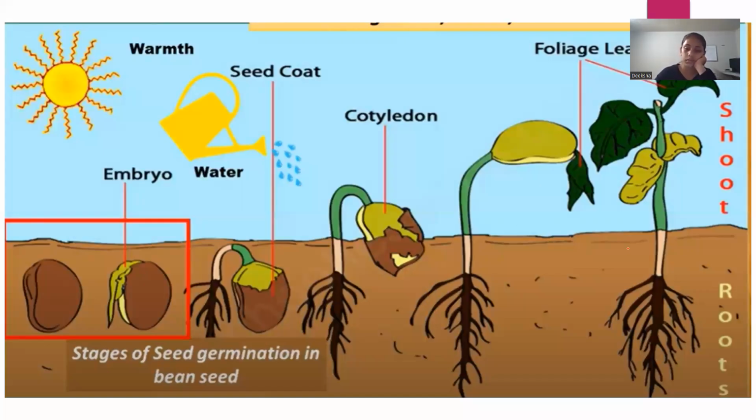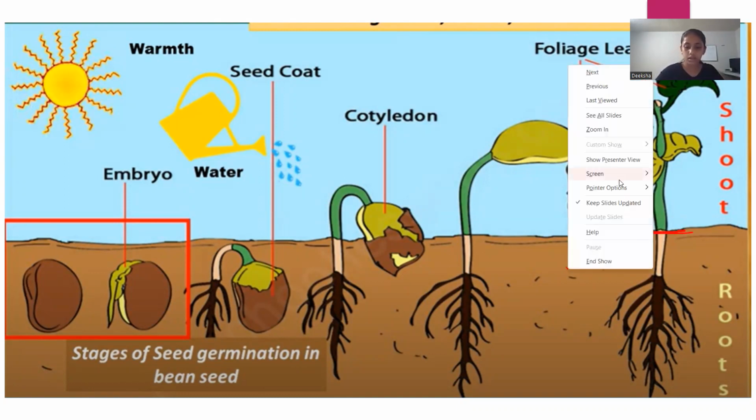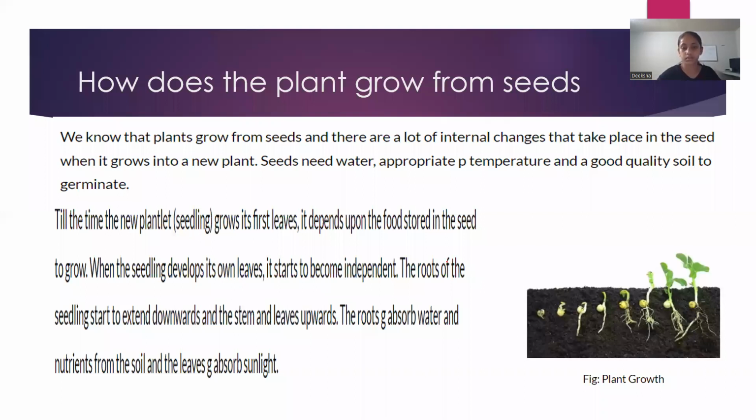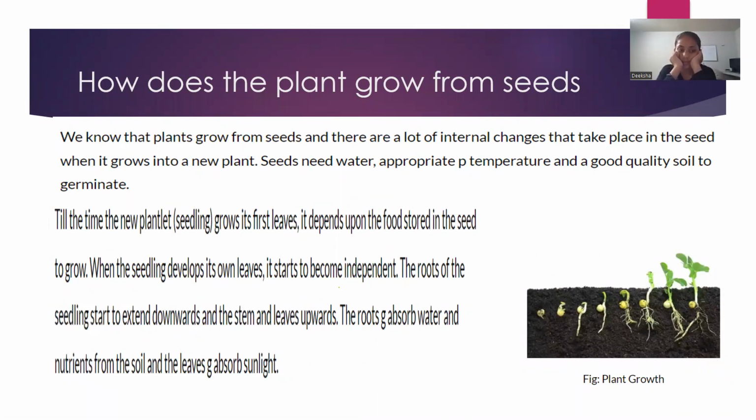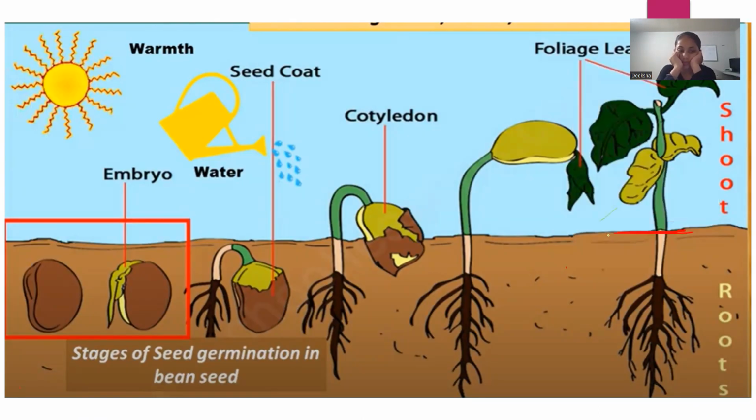If you have seen the last slide, or I can show you the next slide also. Here, the plant which is inside the ground can't take sunlight or air directly.